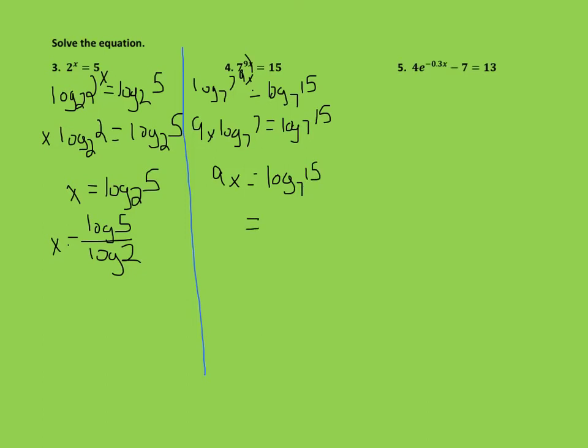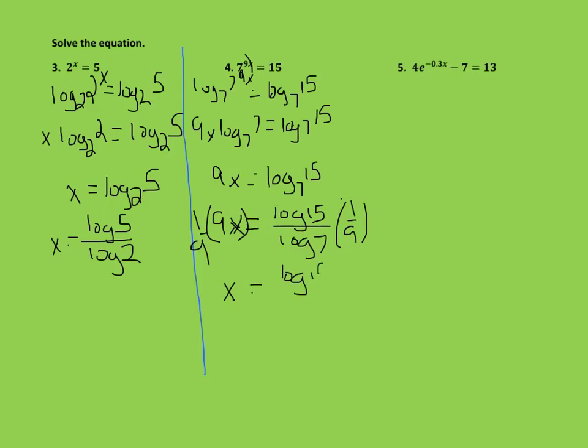Well, I know that's equal to log of 15 divided by the log of 7. And since we have a fraction over there, instead of dividing by 9, you can multiply by 1/9. So I get x equals log of 15 divided by 9 times the log of 7. And we can enter that into our calculator. We just got to make sure we use parentheses.